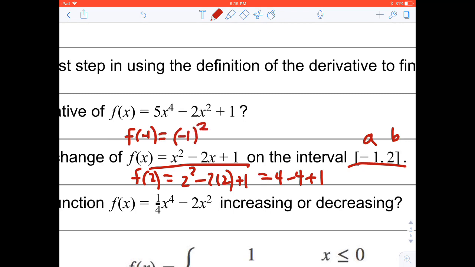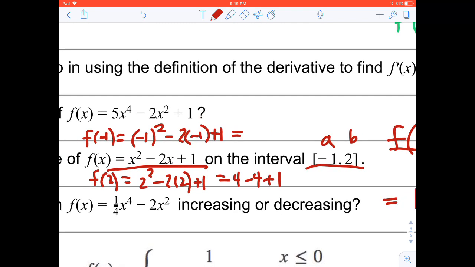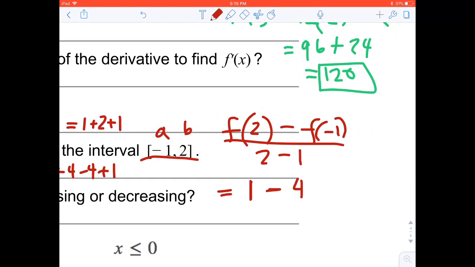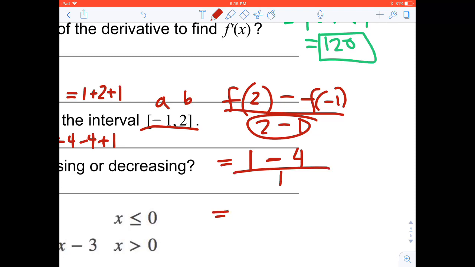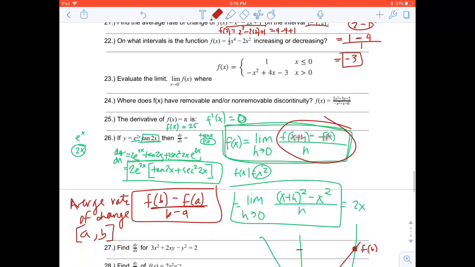It's going to give me (-1) squared minus 2 times -1 plus 1. And that's going to be what? 1 plus 2 plus 1 is 4. So I have 1 minus 4 on the top. 2 minus 1 is 1. 1 minus 4 is -3. So my average rate of change is -3.